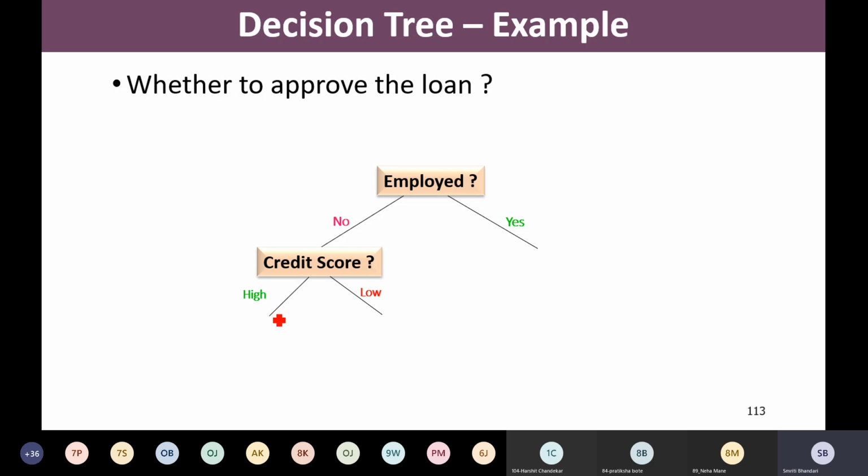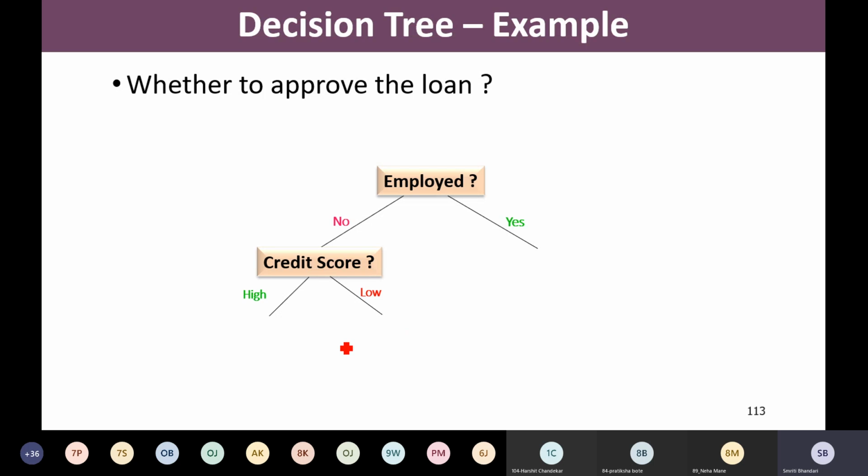If the credit score is high, that means the person is eligible to repay the loan. But if the credit score is low, there is little possibility that the person is able to repay the loan.